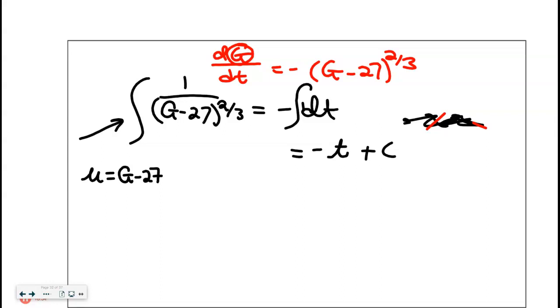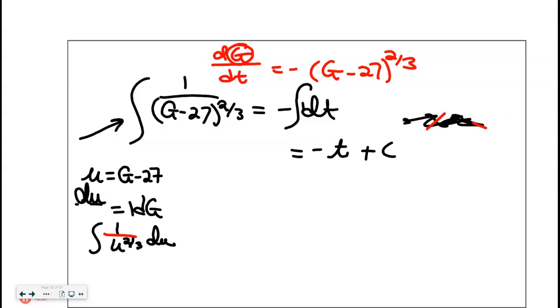If that doesn't work, it's an exponent. Inside function always first. All right, well then what's your du? Technically dg, 1, so your du is dg. So if Carissa sees u sub and she's going to do it, she's actually got 1 over u to the 2/3 and then exactly du.